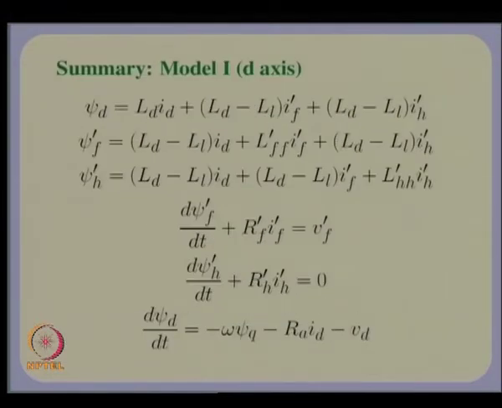Remember that model 1 involves an assumption. The IF prime and psi f prime obtained from this model are directly going to give you the referred value of the field winding flux and currents. IH prime and psi h prime are going to be proportional to the damper winding flux and current, but the exact proportionality relationship cannot be obtained from this model.